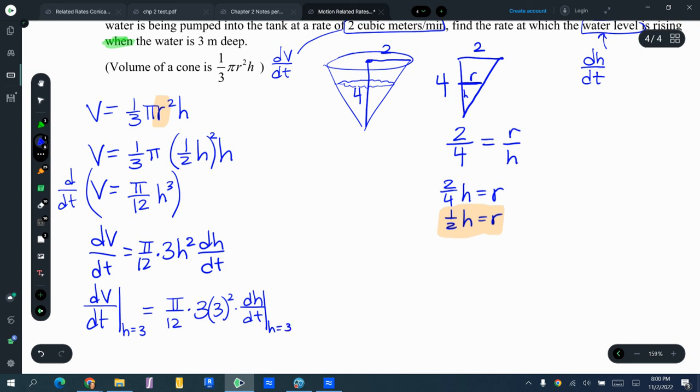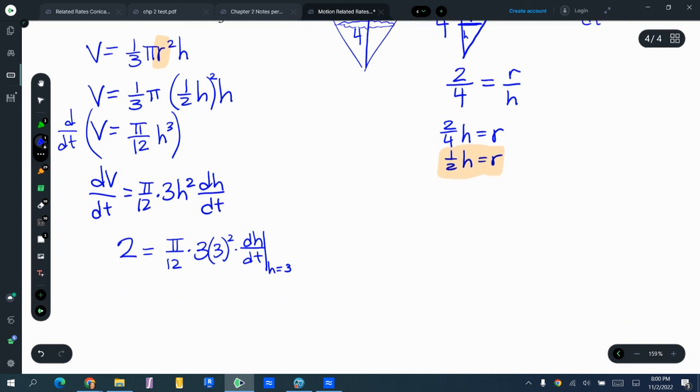Look what I forgot to do. I forgot to plug in for dV/dt. I'm so silly. dV/dt is 2. I was trying to figure out why we had so many variables. All right, so we're going to have 2 equals 3 times 3 squared. So that's 9 times 3, so 27 pi over 12 is our dH/dt when h equals 3.